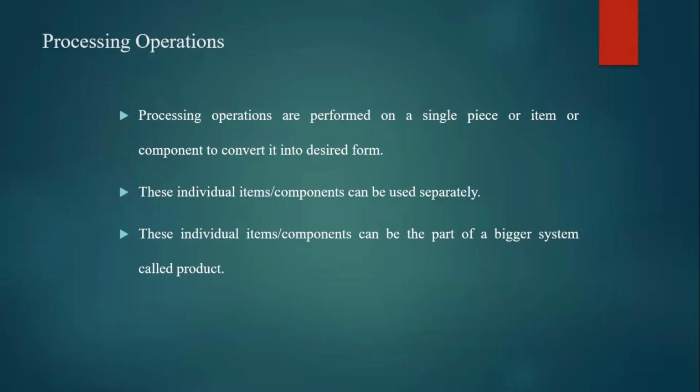For example, in the case of processing operations, the operations that we perform on machine tools. Machine tools means all those machines which are used to perform the machining operations. For example, lathe machine, milling machine, drilling machine, shaper, slotter, planer, grinders.